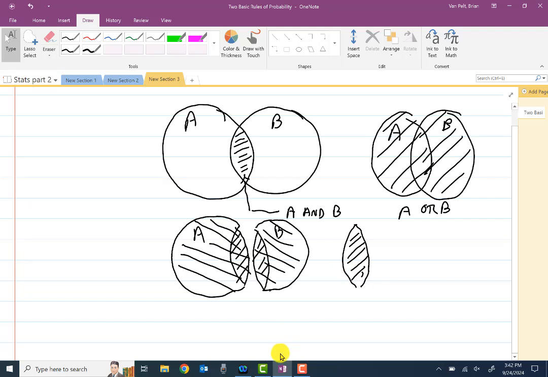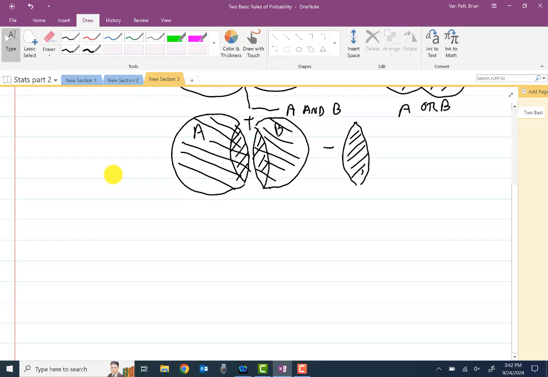So how do we get it to work? Well, you can take and put those two together like you did, but then I could subtract off one of the overlaps. So this leads to a formula.